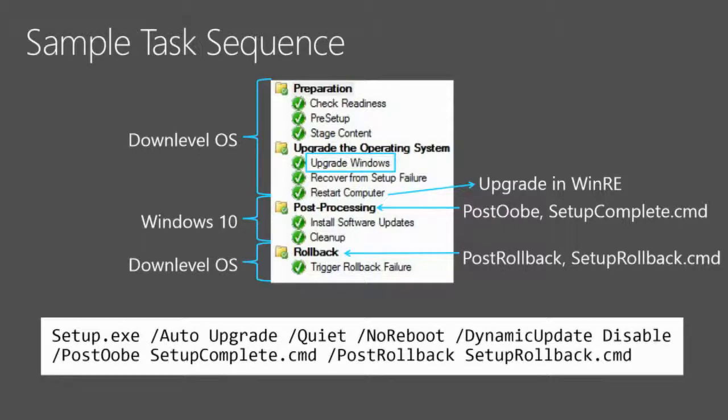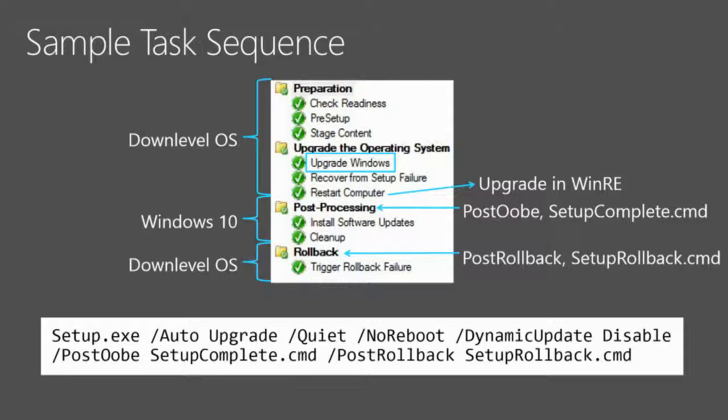Make sure to add it prior to the trigger rollback failure. That needs to be the last step in the task sequence. It actually forcefully fails the task sequence so that the reporting you get back is that the process failed, the upgrade failed. One example of something that you may want to do in rollback, copying logs is a common thing.